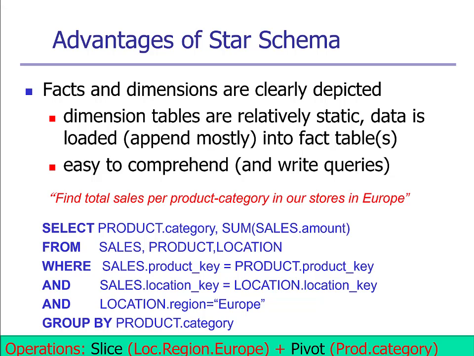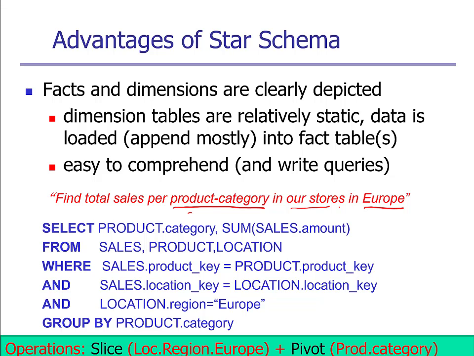For example, if we want to find total sales per product category in our stores in Europe, essentially, in order to do that, if you still remember the operations of the data warehouse, we have roll up, drill down, slice, dice, and pivot.